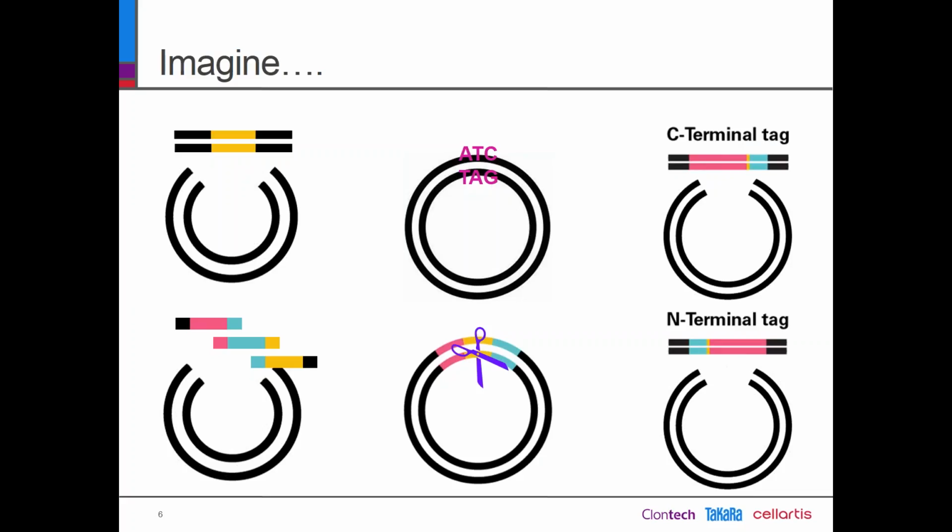Now there are really many things that you can do with Infusion. Cloning is of course essential for most experiments that you are doing in the lab, and many people don't focus really on the cloning step, they just do it the traditional way. But you have to realize that here you can save a lot of time by using a system like Infusion.